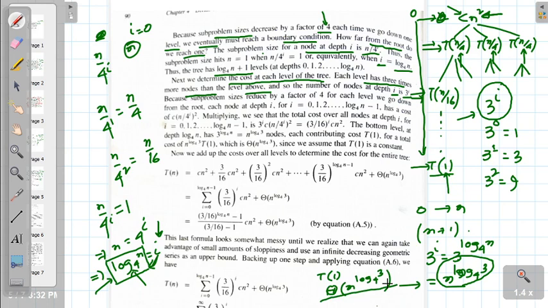And what we have got: the first level cost is cn square, the second level cost is 3 by 16 cn square.